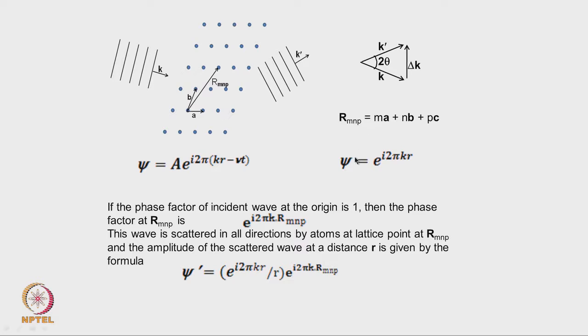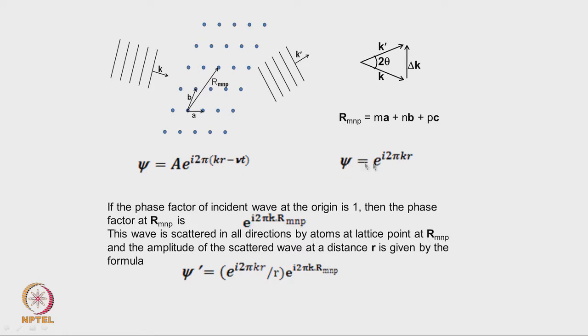The function will be psi into kr minus omega t, but this time factor we are ignoring for the present because at any instant of time we can ignore it, only the spatial factor we are taking into account.